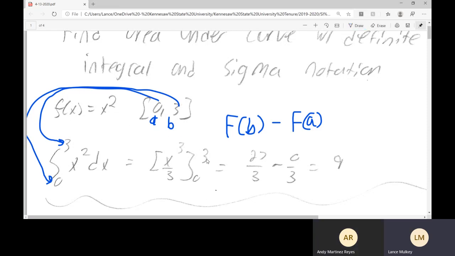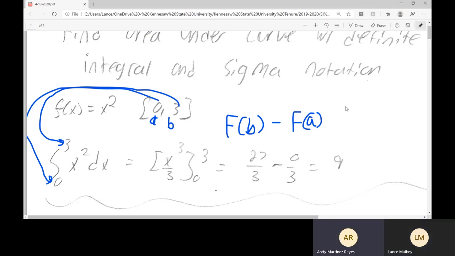So once you get this, you subtract the upper limit minus the lower limit. So F of 3 is 3 cubed divided by 3, minus 0 cubed divided by 3, which is 0, and 27 divided by 3 is 9. Making sense or jogging your memory?